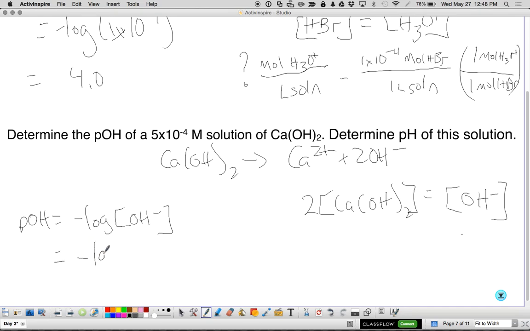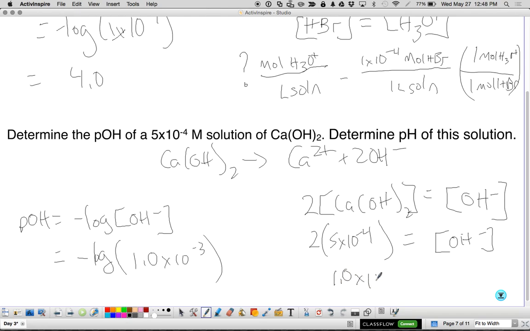That's -log of 2 times 5 × 10⁻⁴, which is 1.0 × 10⁻³, your concentration of hydroxide.